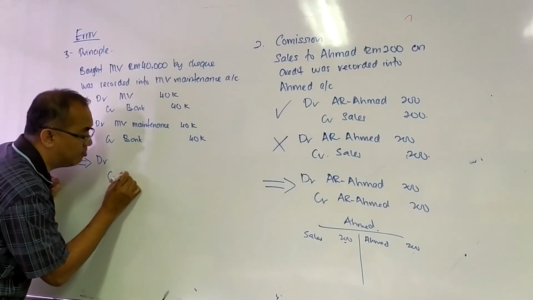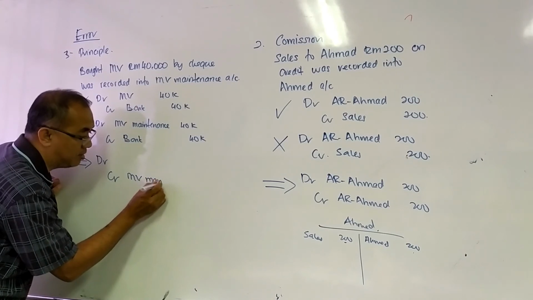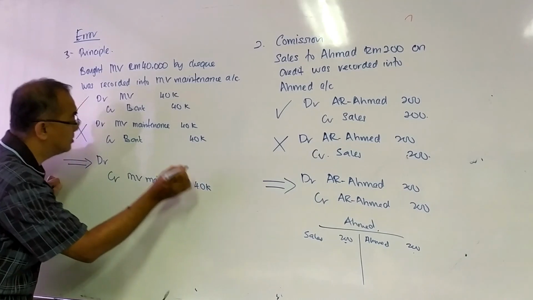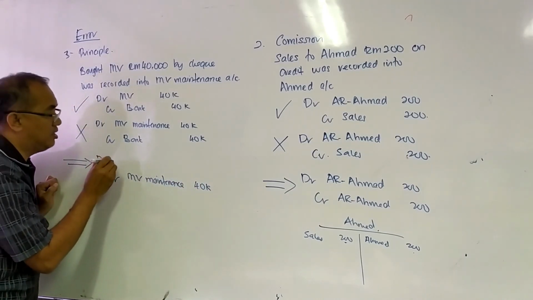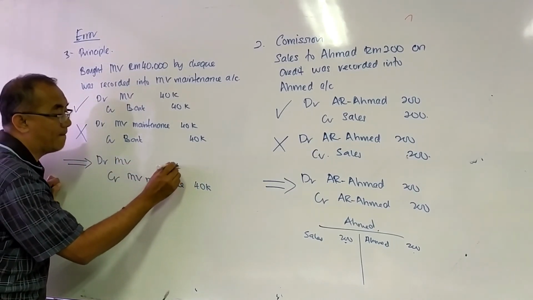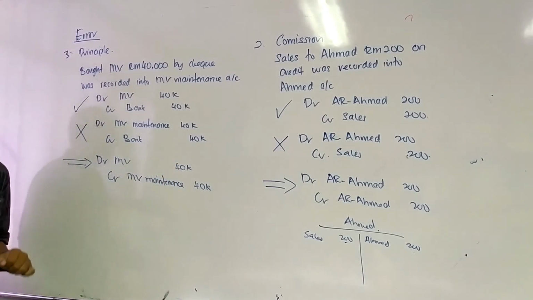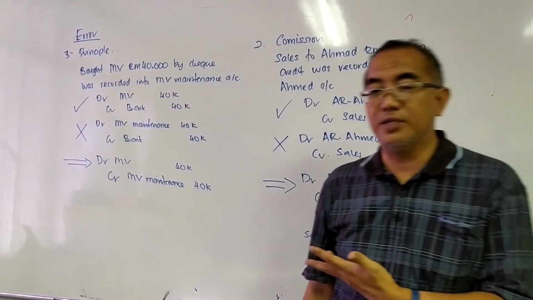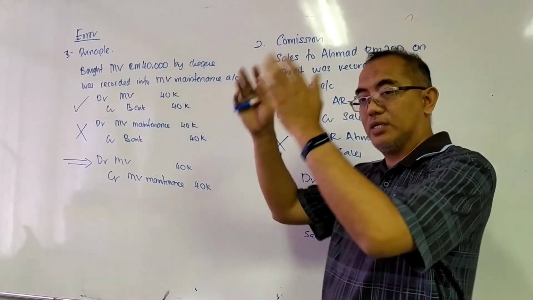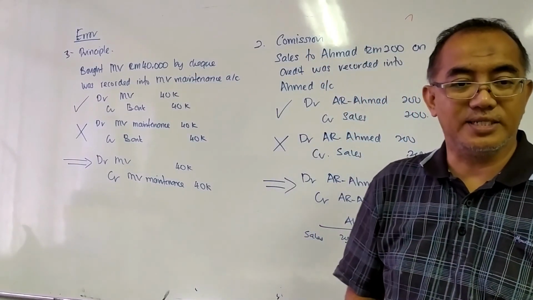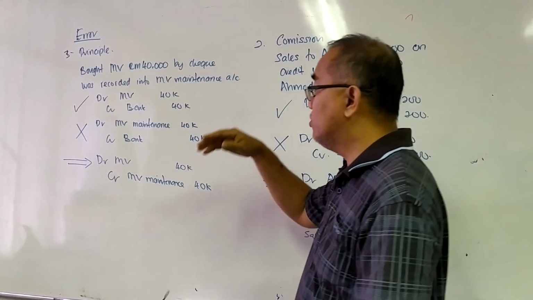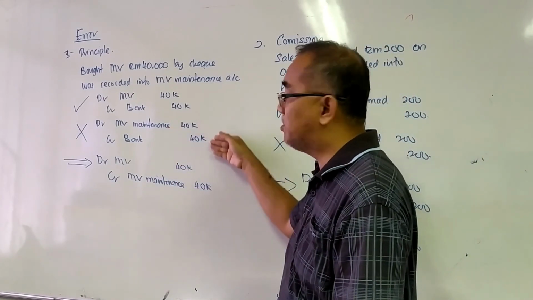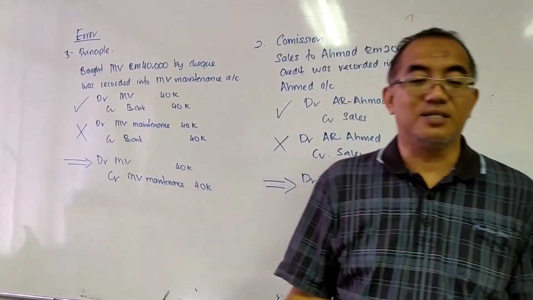So I put here motor vehicle maintenance credit, and here I put the correct one. When you do this correction, your trial balance will be balanced. Even if you didn't do the correction, your trial balance is still balanced because it's still 40, no problem.